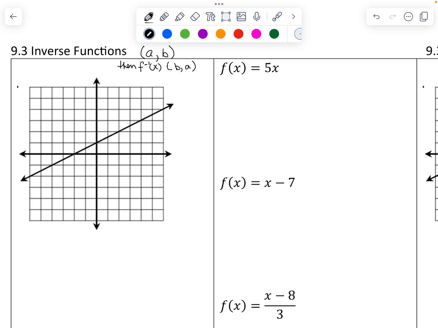In other words, the x and y values switch places.